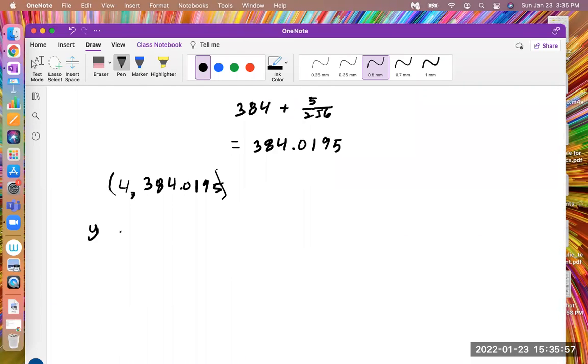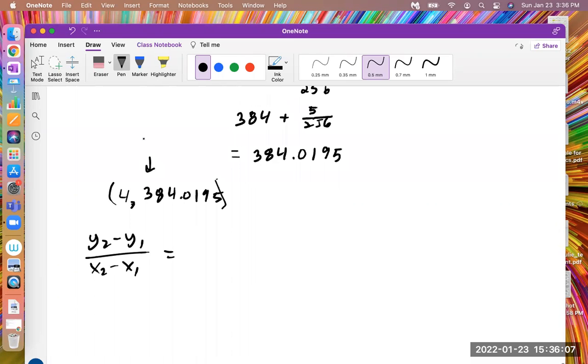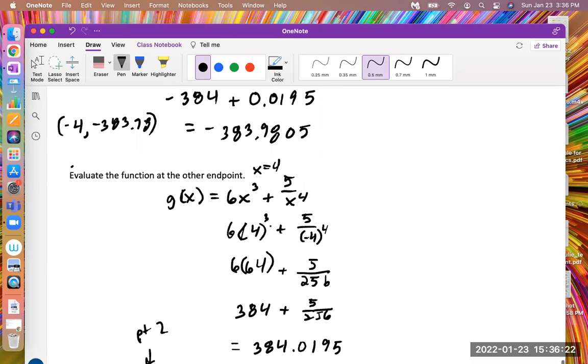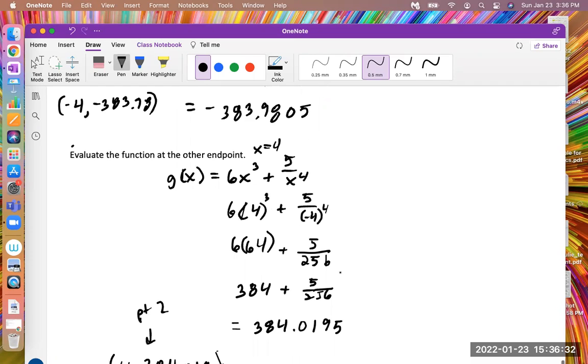So y2 minus y1 all over x2 minus x1. The y2 is going to be 384.0195, minus the y1, which is negative 383.9805.